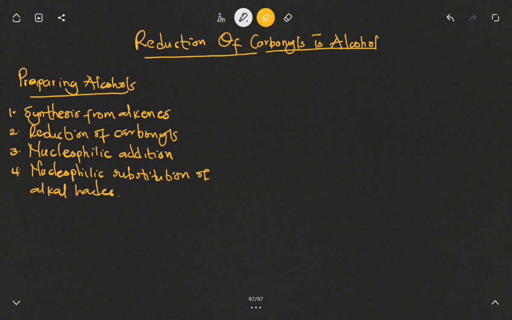Alright, so carbonyls are mainly compounds with the characteristic carbon which is doubly bonded to oxygen. So we have some carbonyls that can be reduced. Now we can reduce aldehydes.